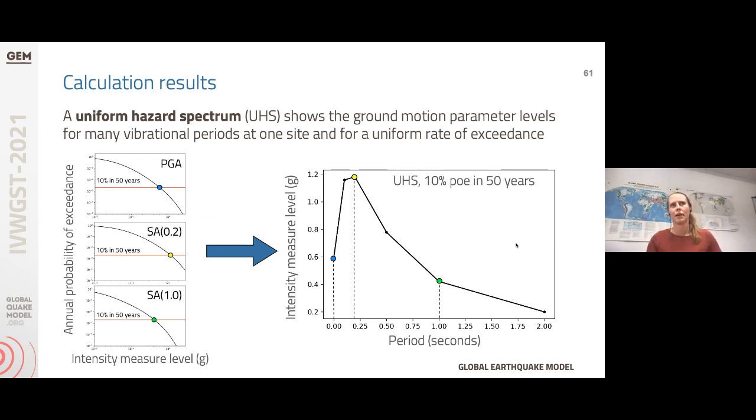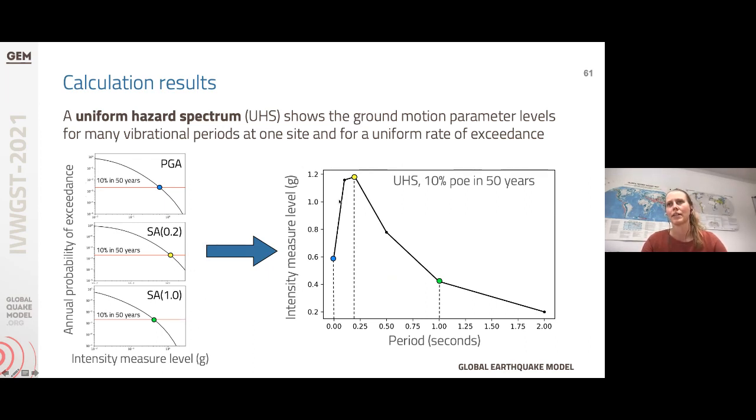The third type of hazard result is the uniform hazard spectrum. This is used to show how the ground motion parameter levels change for different vibrational periods, again, for one site and for a uniform rate of exceedance. In the example here, the values have been pulled from 3 different hazard curves, one showing PGA and then 2 different spectral periods.